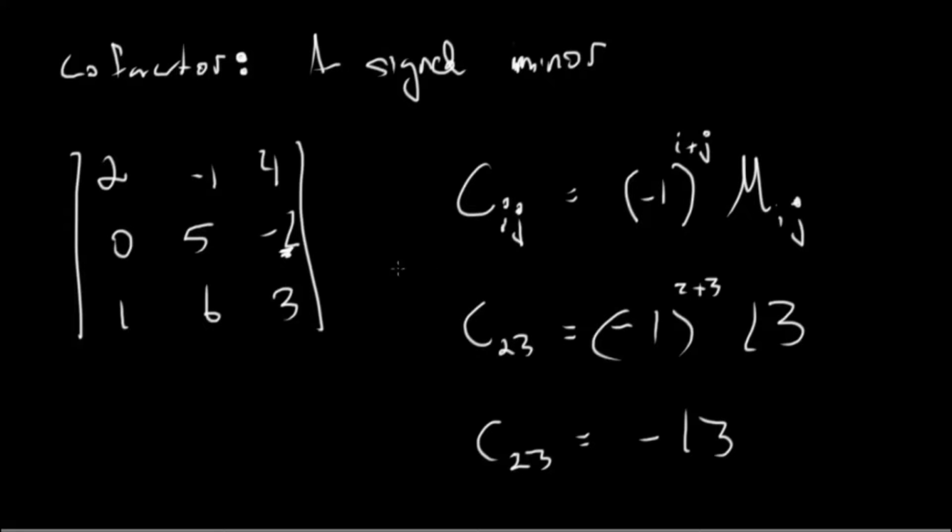So if you look at where you are in the matrix, we are at 2, 3. If this sums to an odd number, this -1 is going to stay -1. If it sums to an even, it's going to become a 1. So one nice way to remember what the sign of your cofactor is going to be is where it is in its position in the matrix.